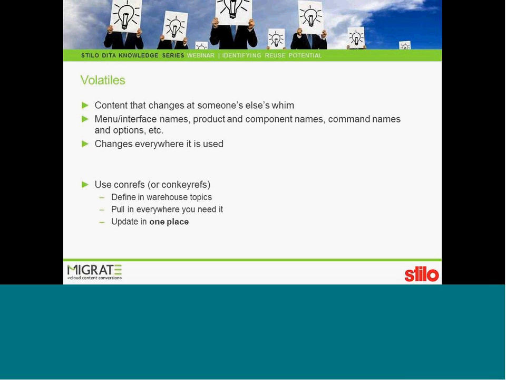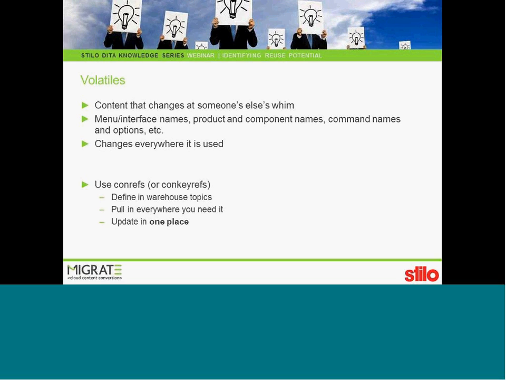So another advantage of using warehouse topics, all this information is in one spot, so all of your UI items would be in one file. All of your options would be in another file, or commands. You can centralize by subject matter or whatever makes sense for your authoring. And the authors know that when they go and change one of these warehouse topics, they're changing it for everybody with a conref from them.